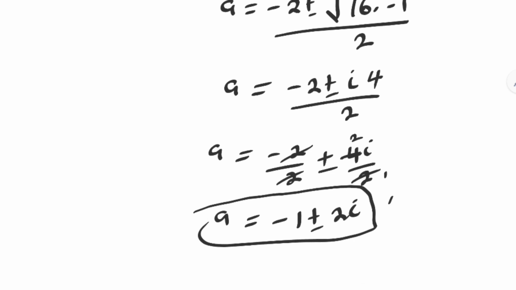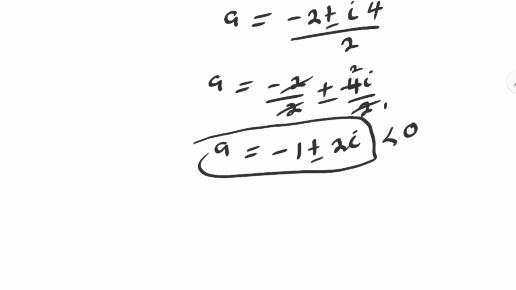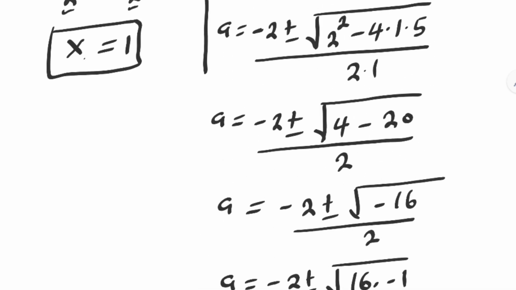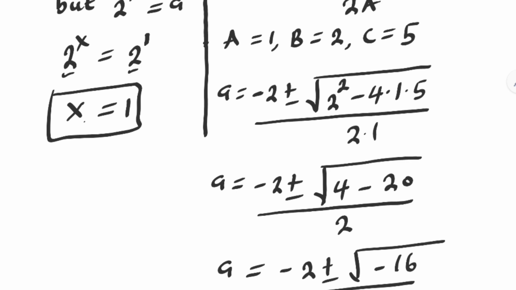Then 2 raised to power x cannot be equal to minus 1 plus or minus 2i. Therefore, the only root we have here is x is equal to 1, which is the final answer.